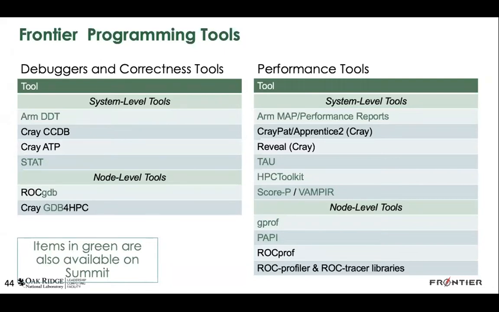At the system level tools, we have most of the same ones, but some more tools in terms of ARM MAP and performance reports. And most of the ones in green are already on Summit. So applications have been using it, or at least have some introduction to it.